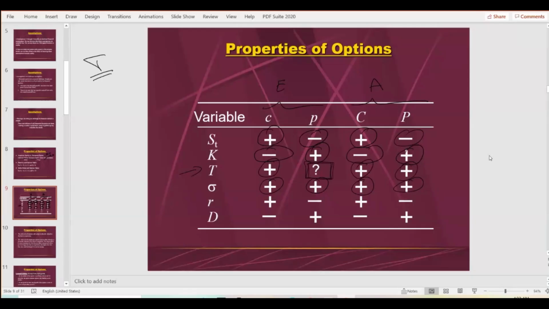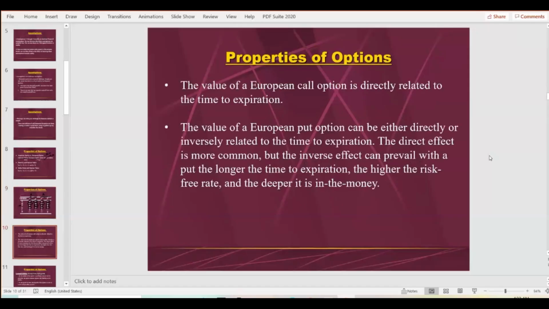With a European put option, most of the time it's a positive relationship. However, the inverse effect can prevail under special conditions, and we will see those special conditions once we discuss the early exercise conditions for options.